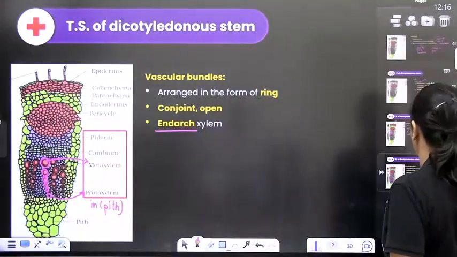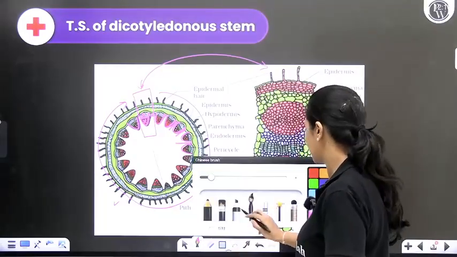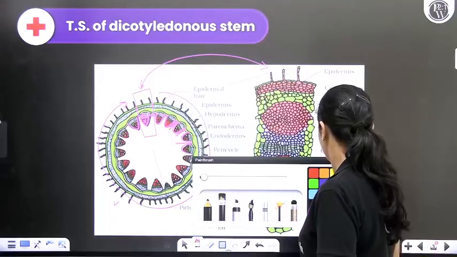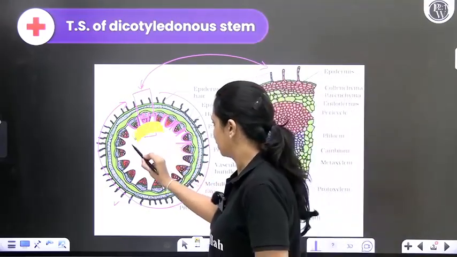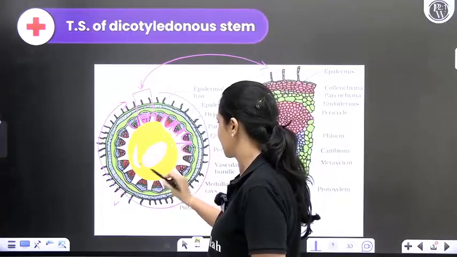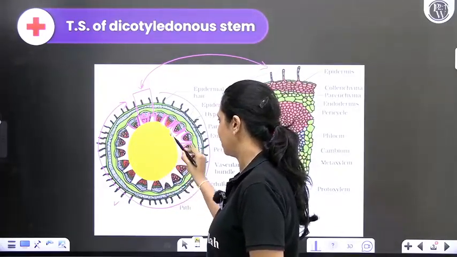Now, if you look at this dicot stem, you can see how the pith is very clear, right? This entire central region is the pith. The pith is highly conspicuous. It's a very well-defined pith.